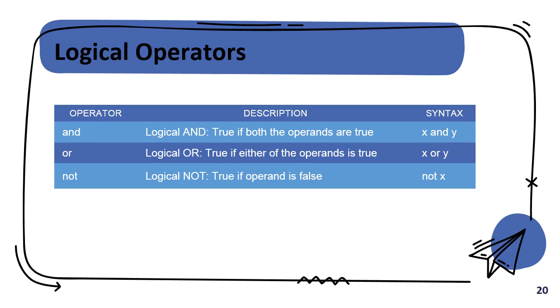Logical or returns true if either of the two operands is true. The logical not operator returns true if the operand is false; whatever we give, it will return the opposite. If we give false, then the output of not would be true. If the operand is true, then the output of logical not is false.